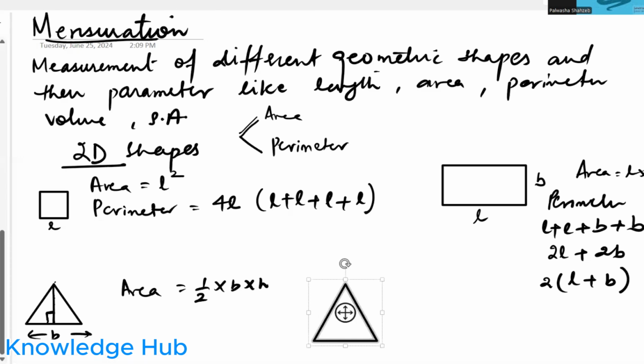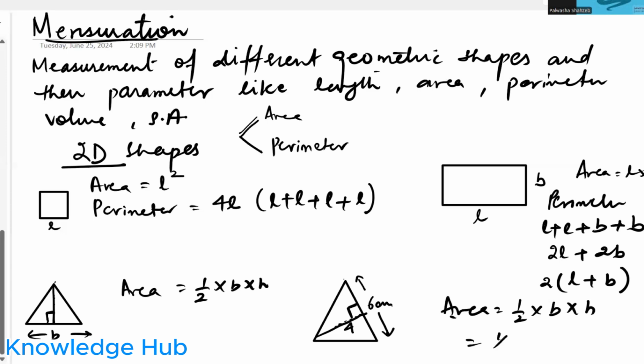Let's suppose this is 6 centimeter and this is 4. So area would be half into base into height. Let's suppose this is 4.